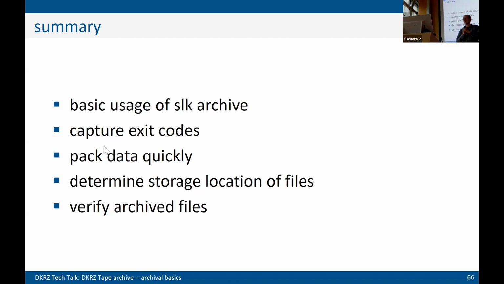There might be situations where the cache is emptied or where the cache is not accessible. Mostly in these situations, the tape will also be not accessible. But to be on the safe side, you could wait until the file is on tape. You could use the is-on-tape command of SRK to check this, because the file might still be in the cache, but it's already on tape. And this would be the safe way.